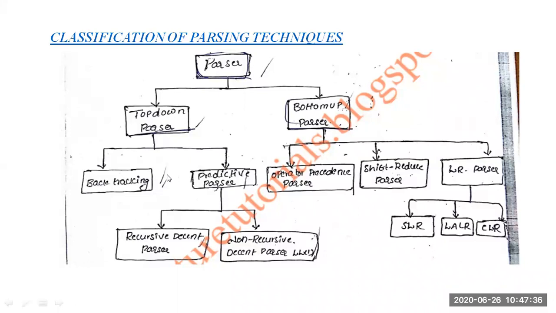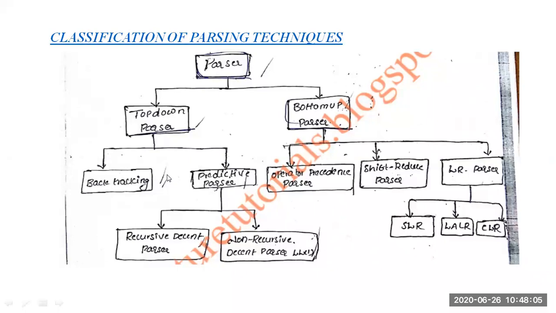That type of parsing is called the top-down parser. Already we know the root node is always the start symbol. While you are deriving the input string or constructing the parse tree for the input string, if you start with the root node and end with leaf nodes, that type of parsing is called top-down parsing. The reverse of this is bottom-up parsing. You start with leaf nodes and you go back to the root node.